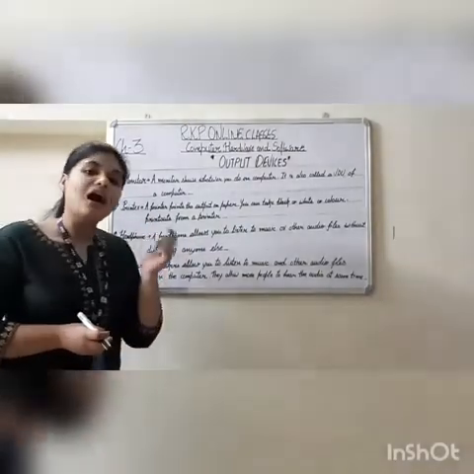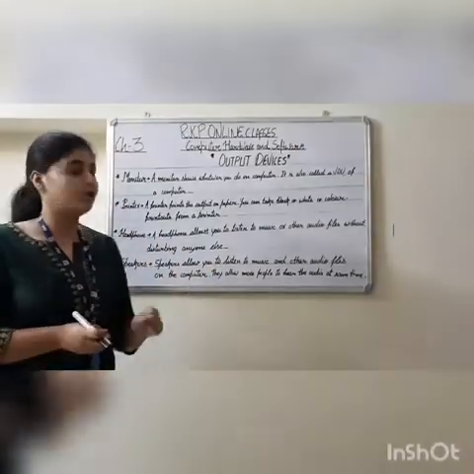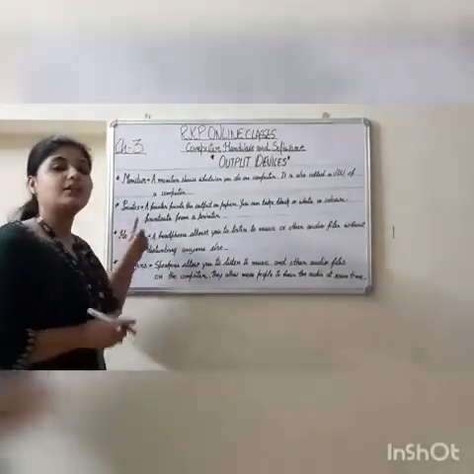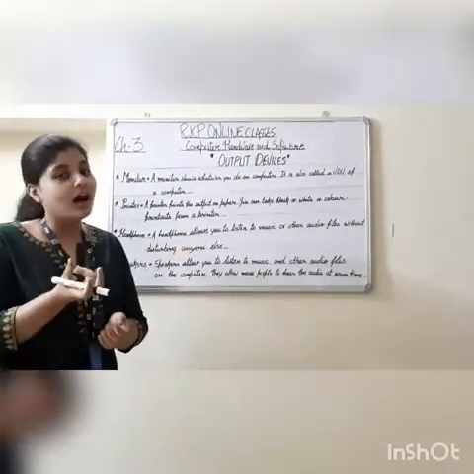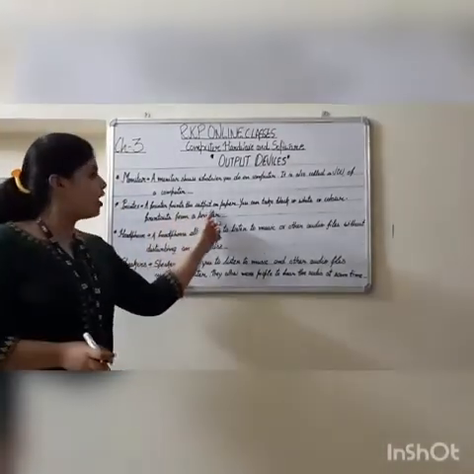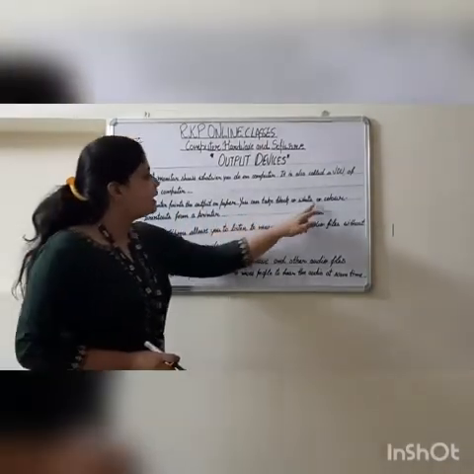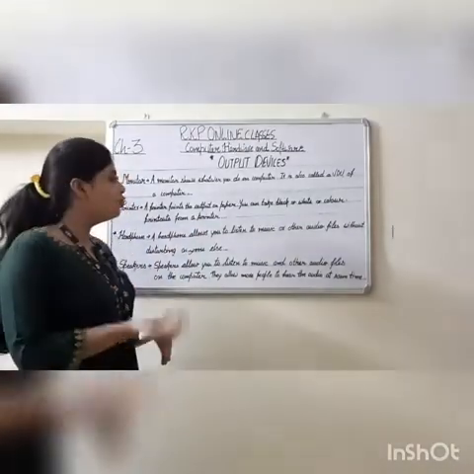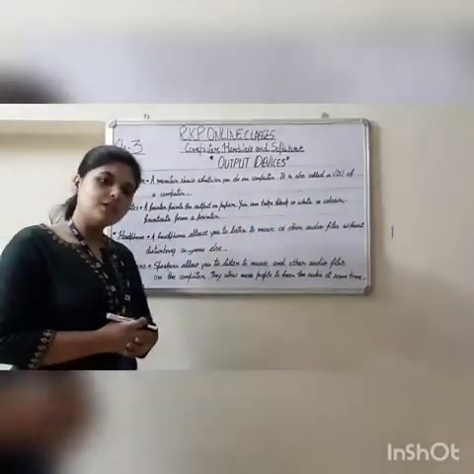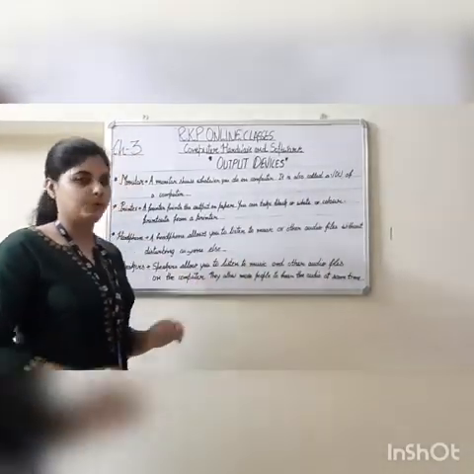So that is hard copy. I cannot touch soft copy, but I can touch hard copy. A printer gives the result in the form of hard copy. It prints the result on paper. You can take a black and white printout or, if you want, a color printout. It's totally up to you.